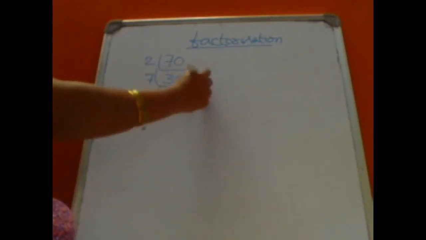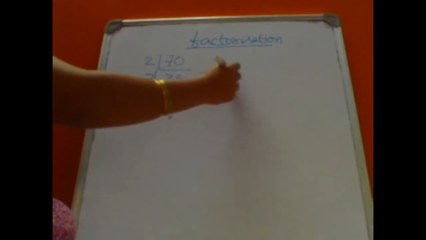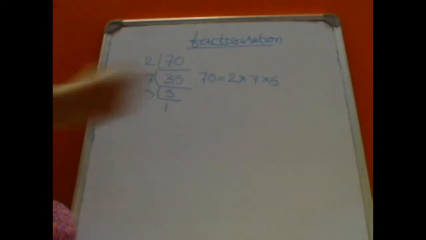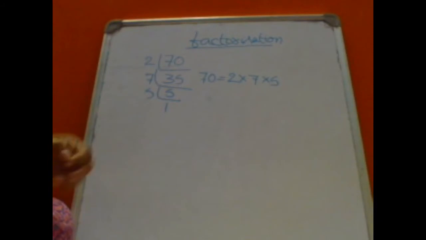So 70 can be expressed as a product of 2 into 7 into 5. So we can say that 2, 7, 5 are the factors of 70. This is in the arithmetic part for the numbers.